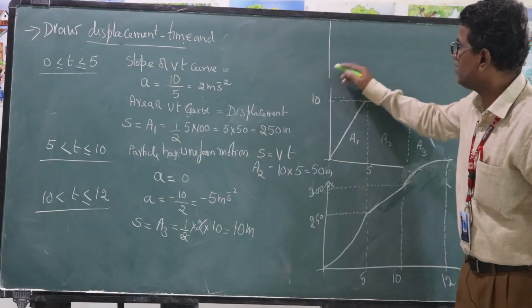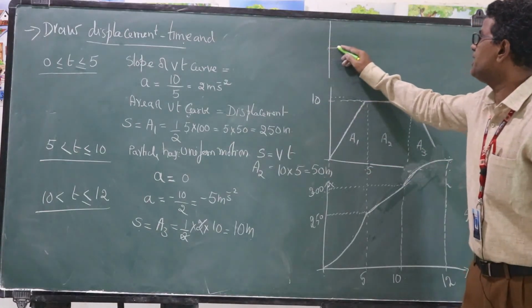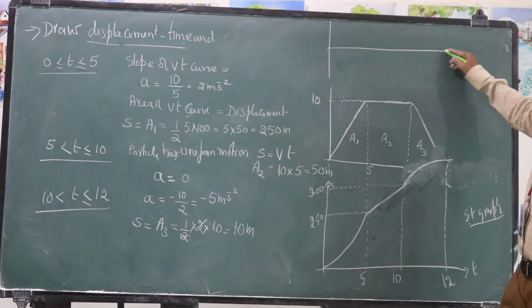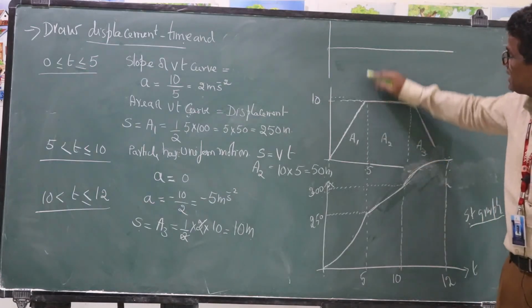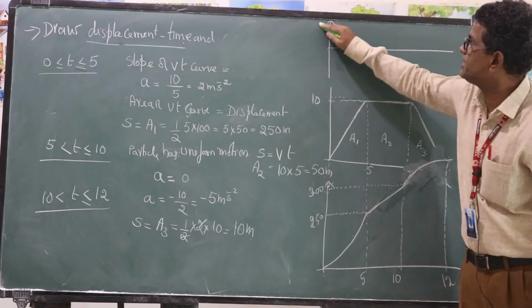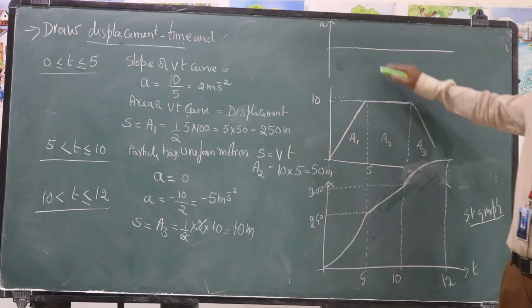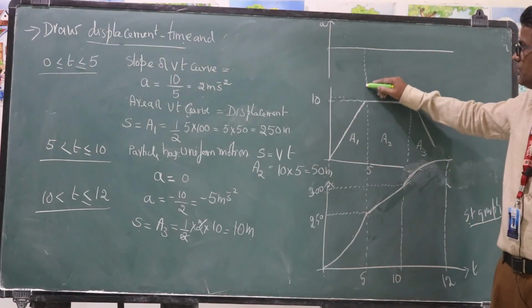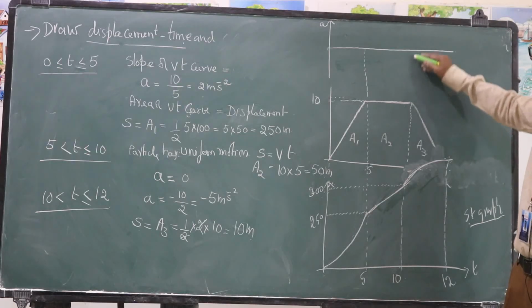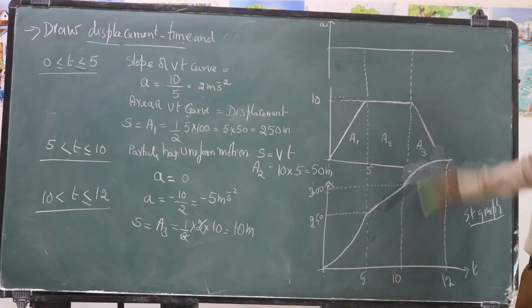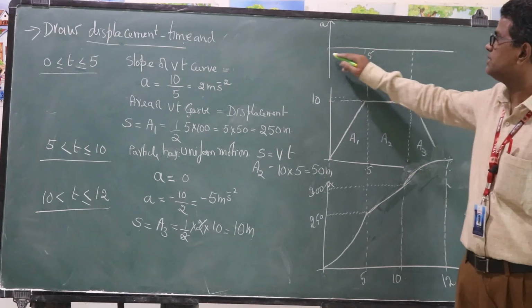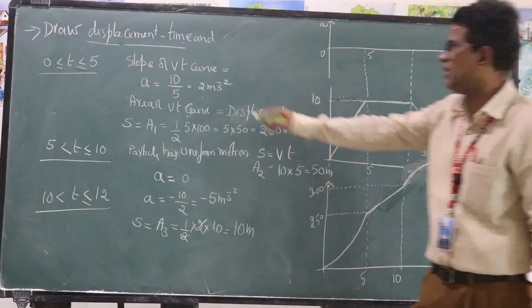What graph do I want? Acceleration versus time. So this is 5 seconds. You take acceleration on the y-axis, time on the x-axis. So it has uniform acceleration. During the first 5 seconds, it has positive acceleration. How much? 2.